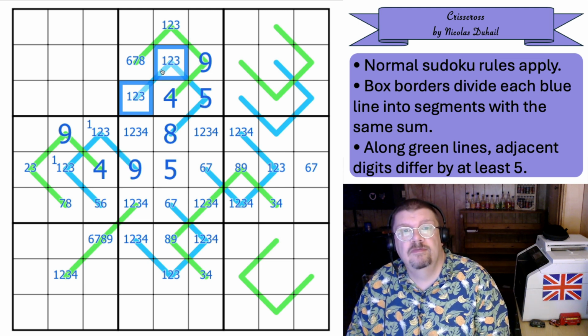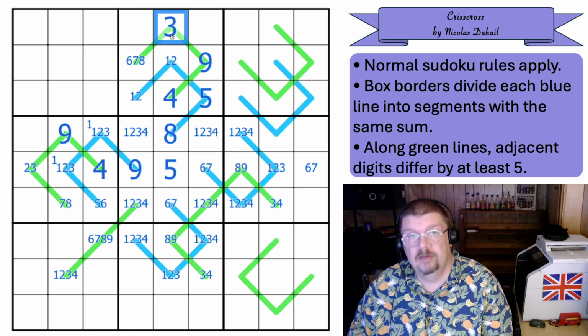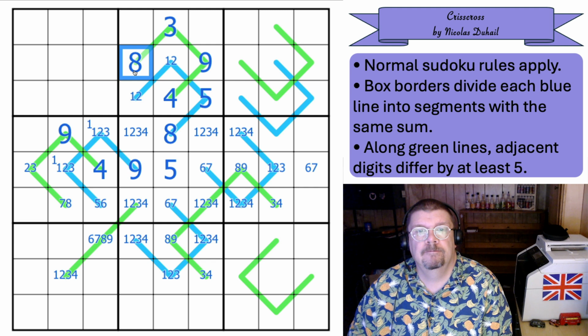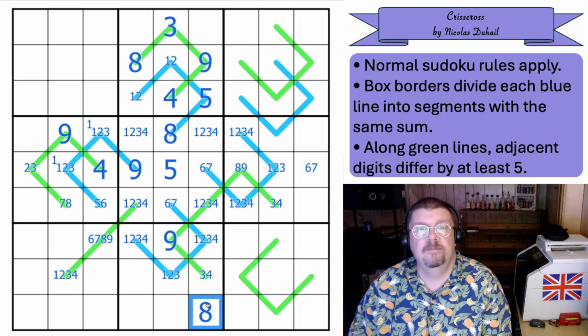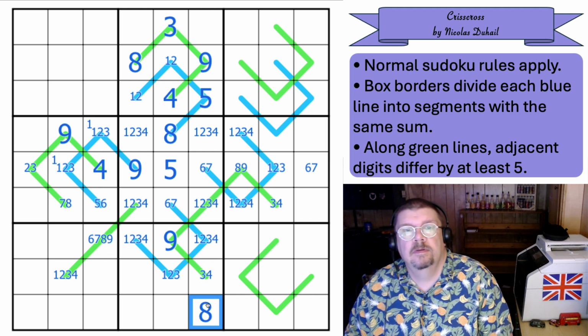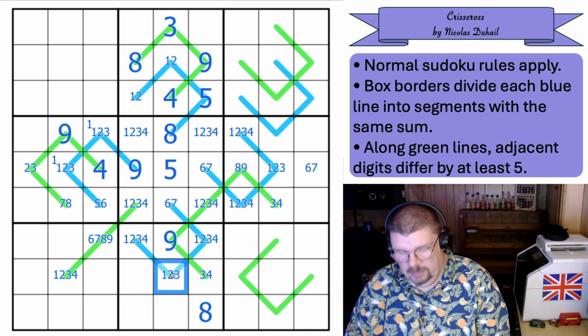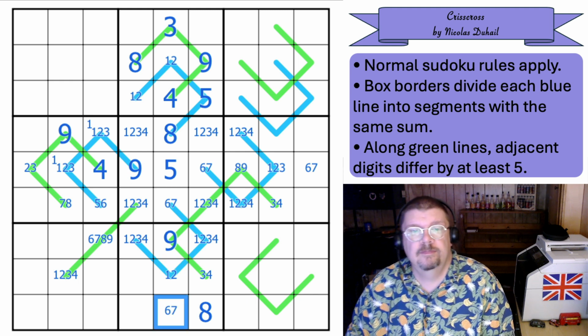So that's a 5. It's a 1, 2 pair. That makes that 3. This has to be 8. That is now a 9 there, and I need an 8 for this column. The 3 makes that 1 or 2, and this is 6 or 7.